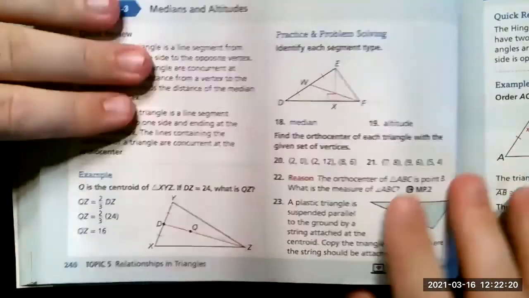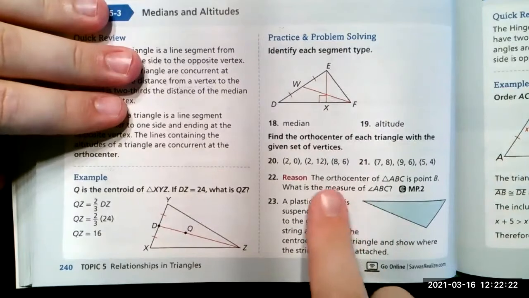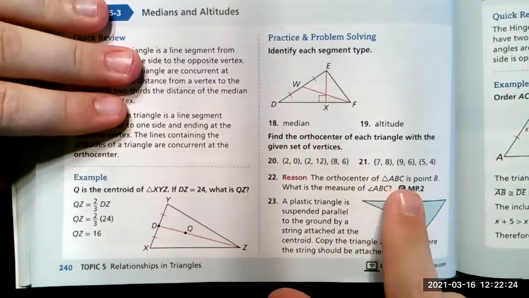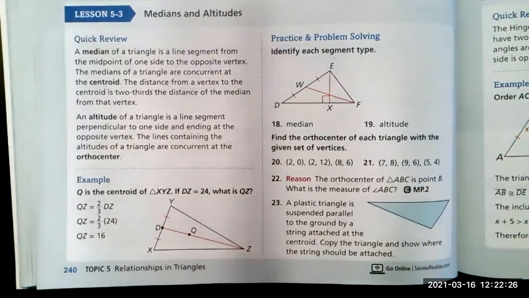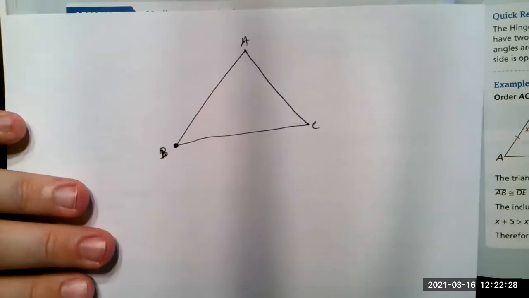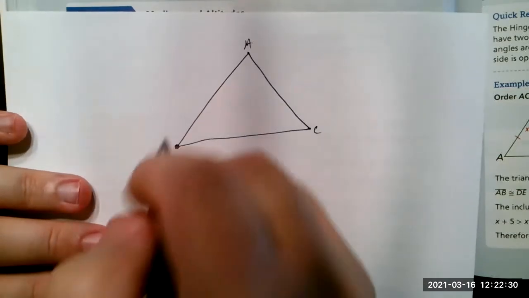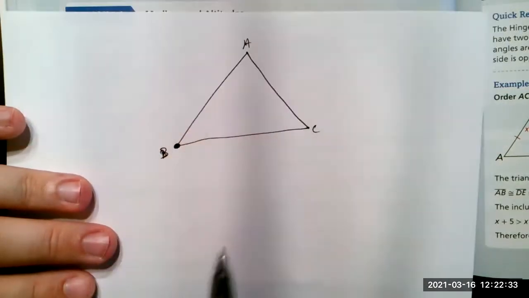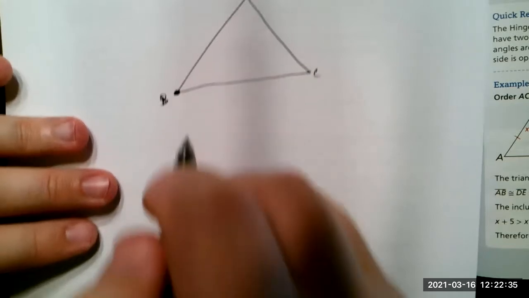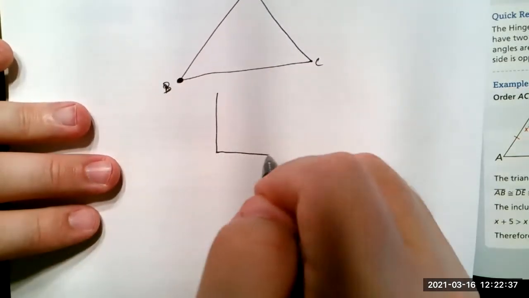So I think this is where they're trying to get at with 5.3, number 22. If the orthocenter of triangle ABC is point B, so this is just, again, another crappy drawing. If the orthocenter is right there, right on that, then we know, again, it should look something like this.